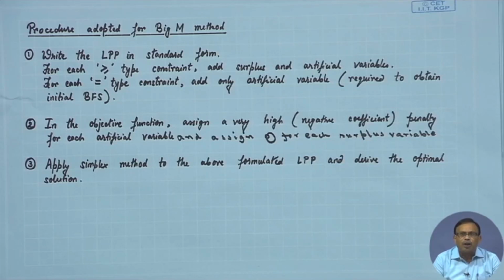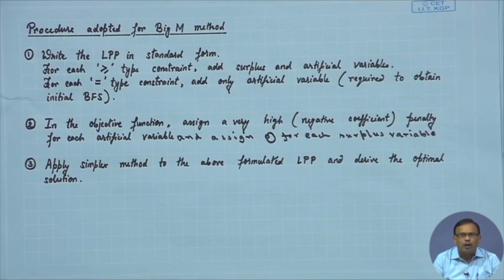Earlier also you have seen in the objective function we assign a 0 coefficient for each slack variable. Now, for the big M method we will assign 0 coefficient for each surplus and slack variable, whereas we will assign a very high negative coefficient for each artificial variable.